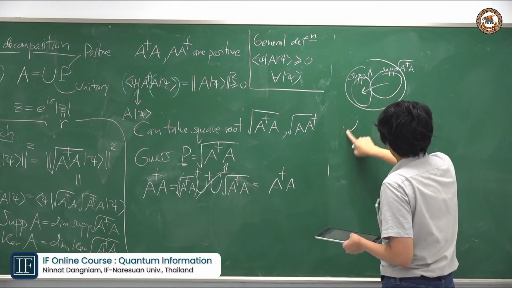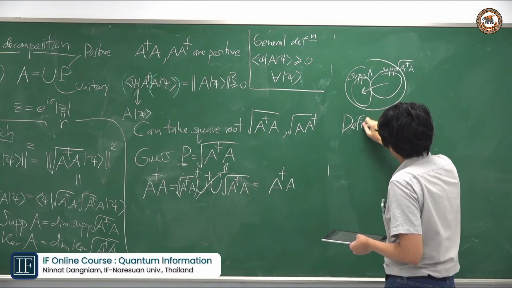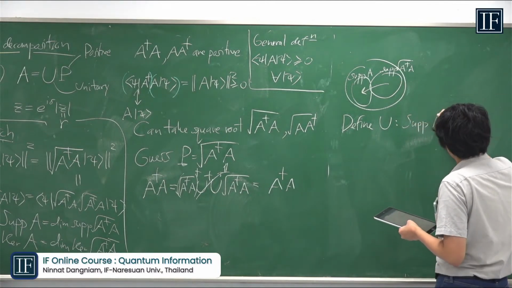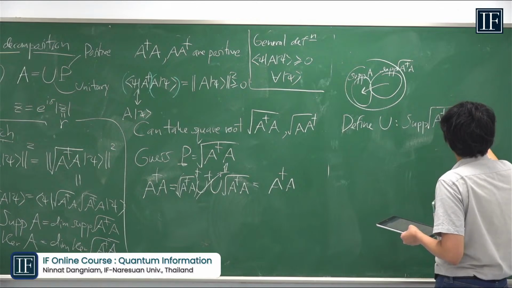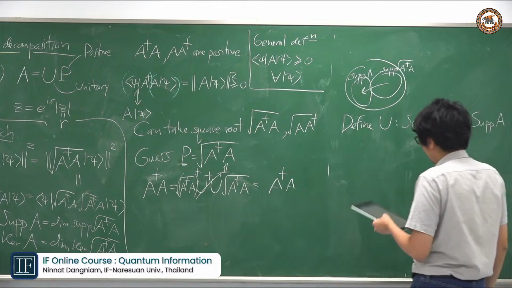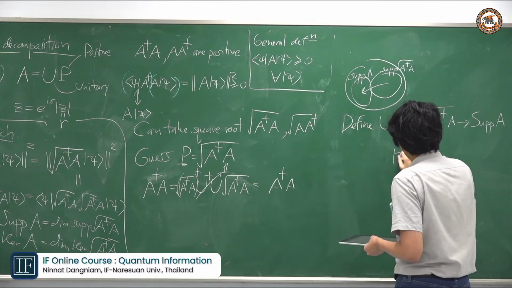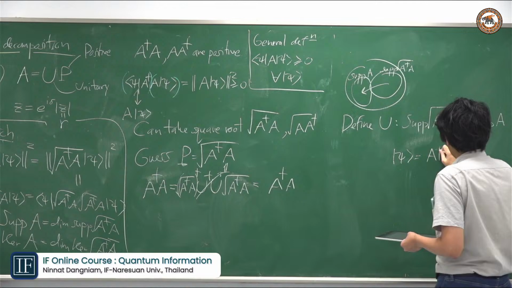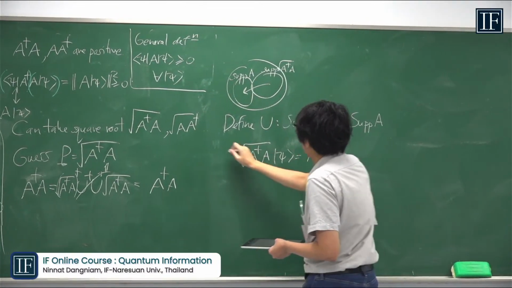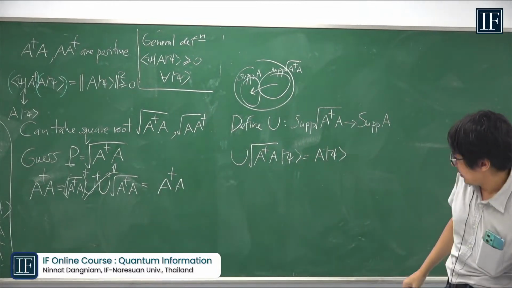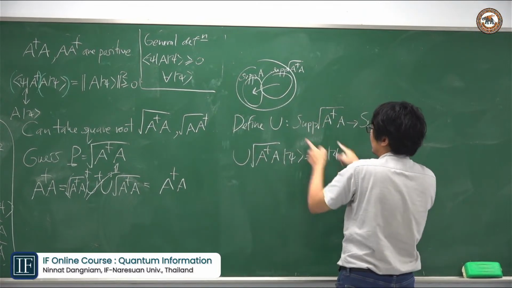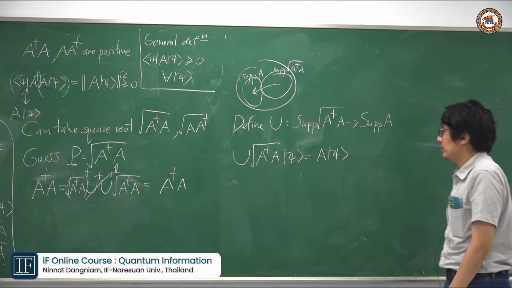So if I define a unitary from the support of A dagger to the support of A, this can be written in equation like this, U. So here, this is in this support, and then I map this to something in here.